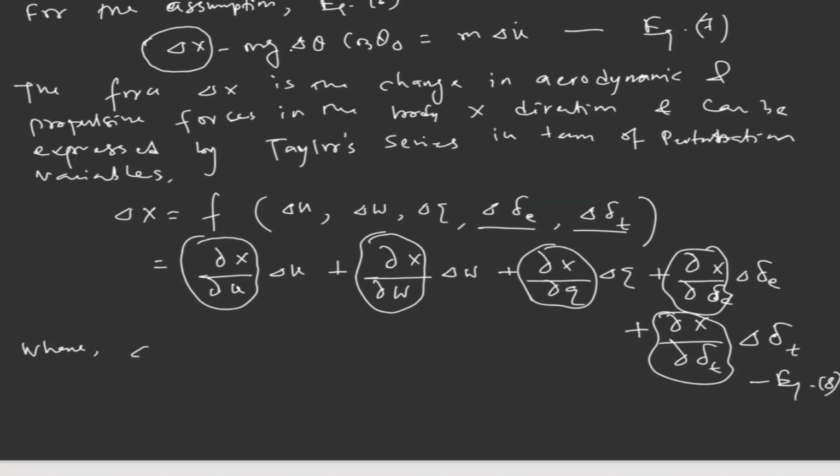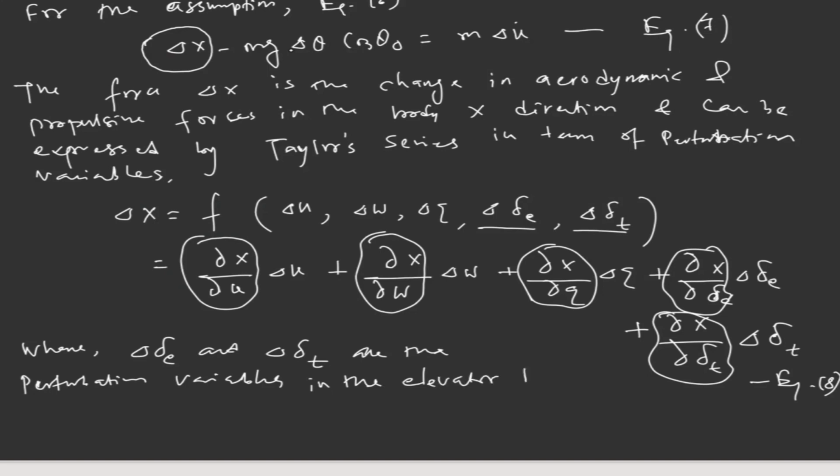So here delta e and delta t are the perturbation variables in the elevator input and fraction of maximum thrust.